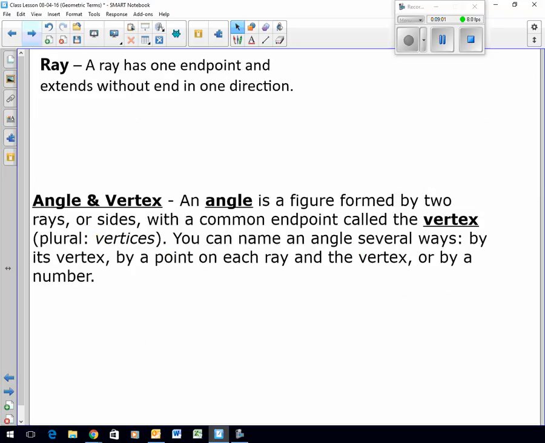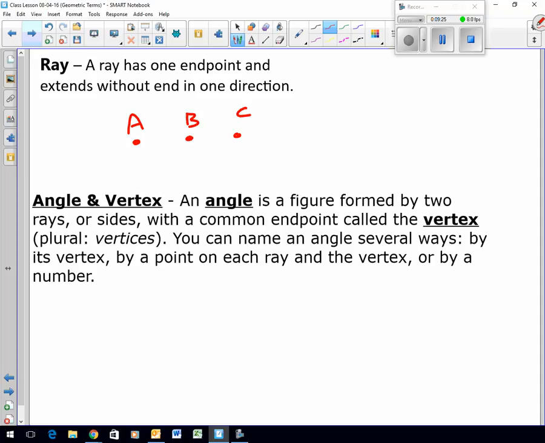Okay? Height. I did everything there. Let's do ray. Ray has one endpoint and extends without end in one direction. Let's use 3 points. How about A, B, C? Okay? I've got point A, point B, point C. Now check out what a ray does.